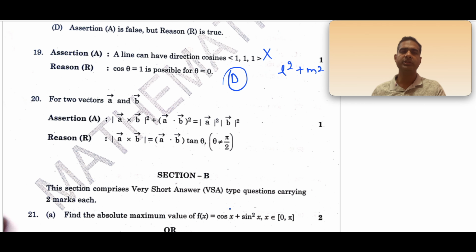Now moving to question number 20. For two vectors A and B, mod of A cross B square plus A dot B square is equal to mod of A square into mod of B square.